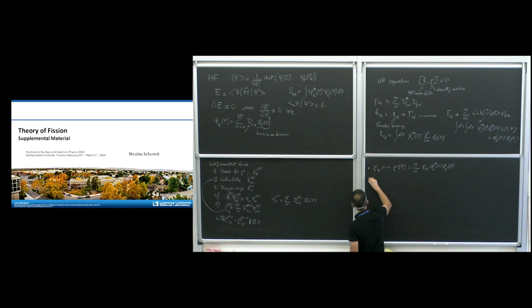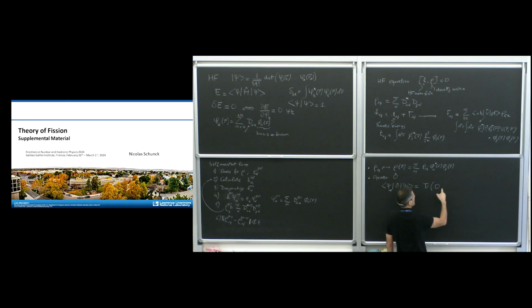With this density of particles, again, you can show that you can calculate expectation values. If you look at any operator, remember that in quantum mechanics, an operator, especially a Hermitian operator, is associated with an observable, something you can measure. So if you take an operator O, and you calculate the expectation value of O on the Hartree-Fock ground state, we can prove that this is nothing but the trace of the matrix of the operator times the density in your basis.